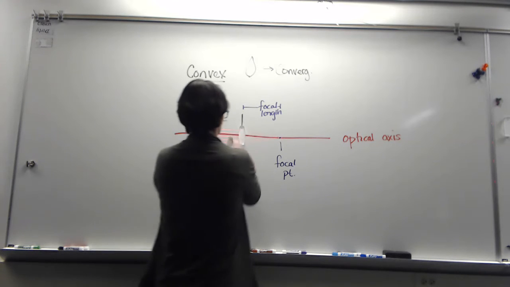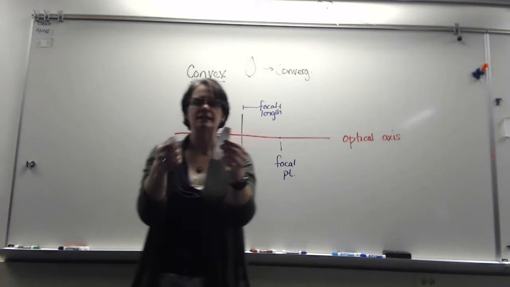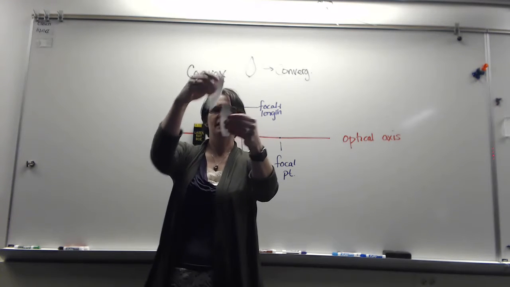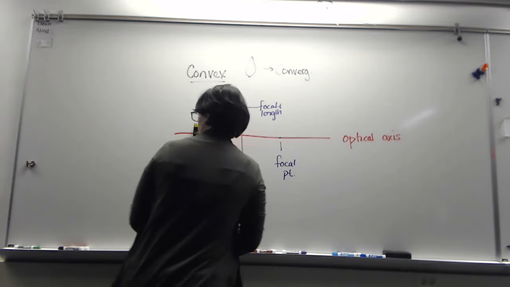Hopefully you can see that this lens is curvier than this lens. All right, so let's turn the lights off. This was our original lens. And as I place the more curvy lens in, what do we notice?